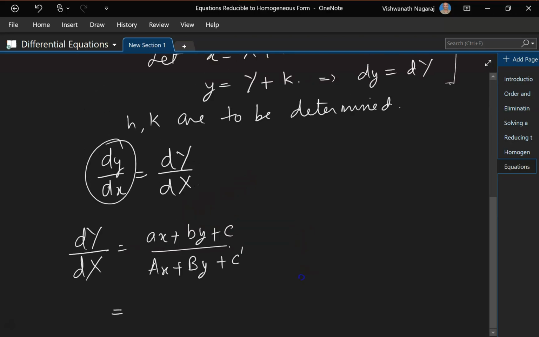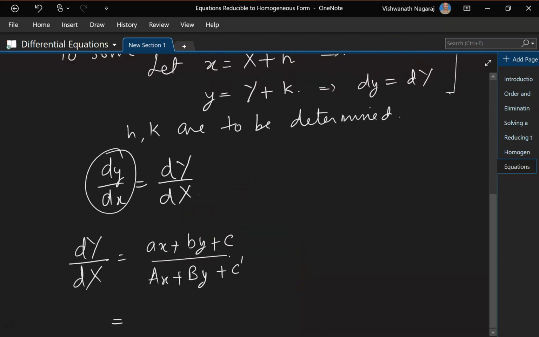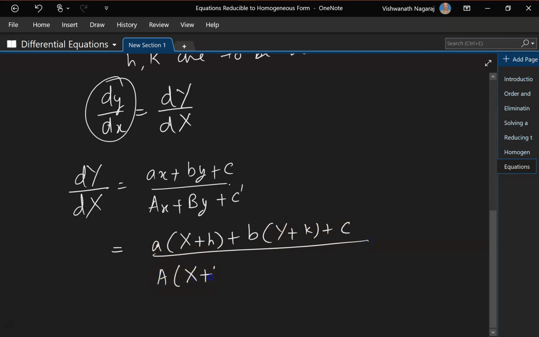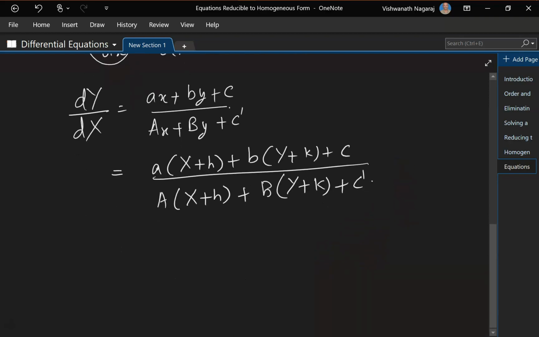Now let's substitute x with capital X plus h: a(X + h) + b(Y + k) + c divided by A(X + h) + B(Y + k) + C' or c dash.